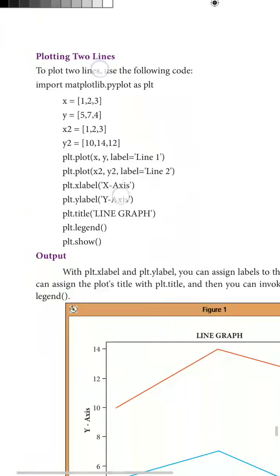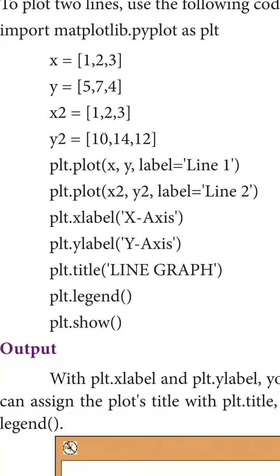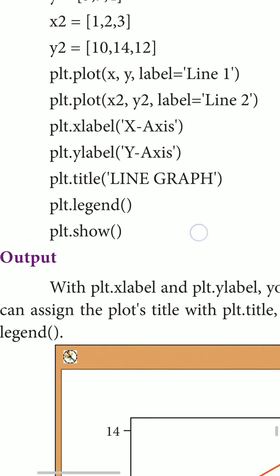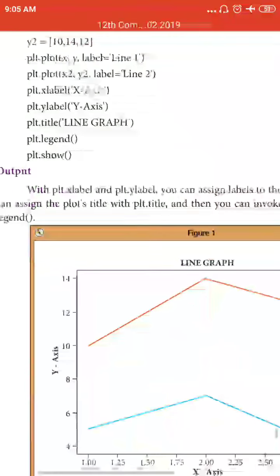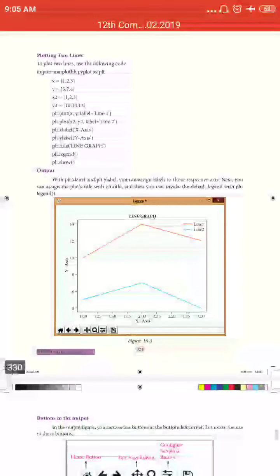Okay, so next is plotting two points on the same graph. Here they have defined different points, x and y, x2 and y2, and the plot function of the plt object is used. The xlabel, ylabel, everything is created by using this plt object.